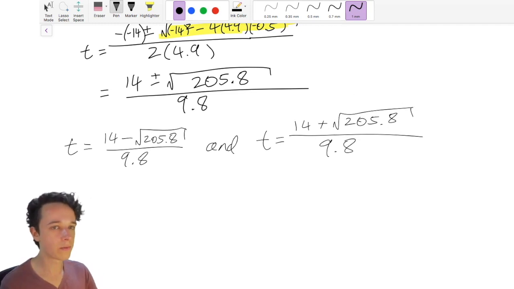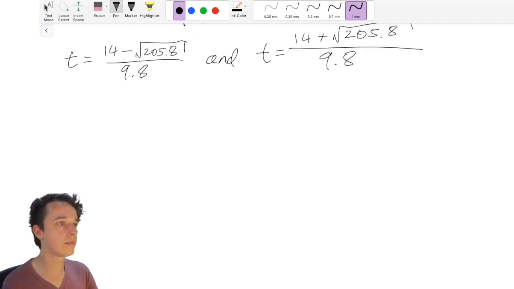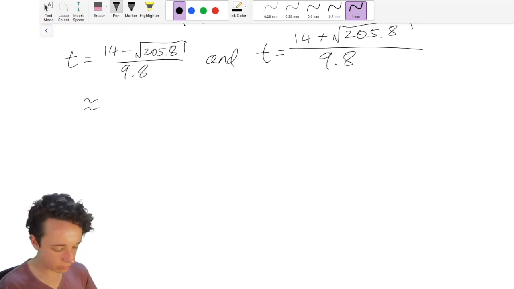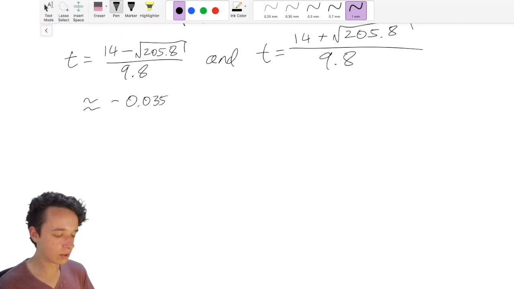So we know it's going to be positive. This one we have a positive number minus a number, so we don't know whether this is positive or negative yet, but if you put this in the calculator, you get 14 minus root 205.8 divided by 9.8, which is negative 0.03527 and so on. You get a negative number.